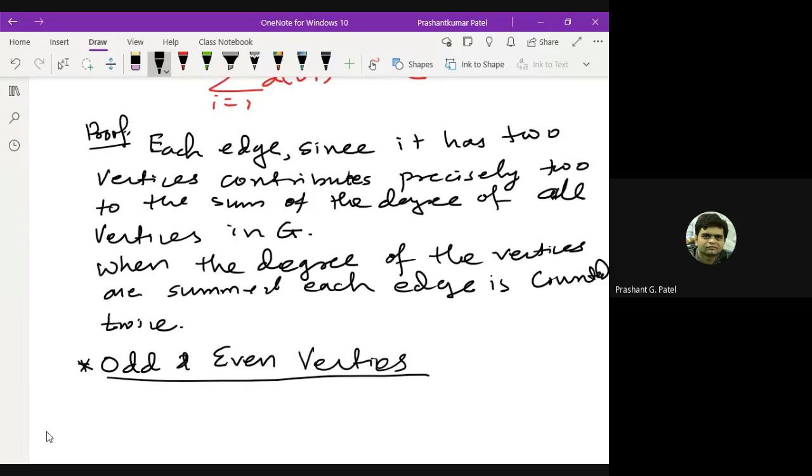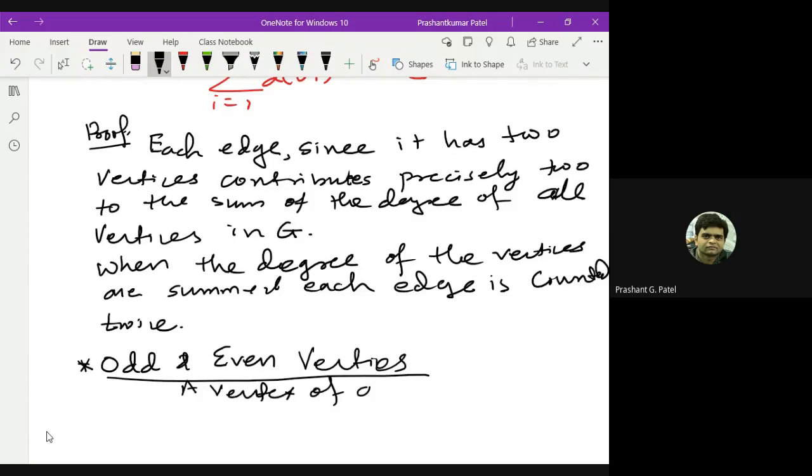If the degree of a vertex is odd, it is known as an odd vertex. And if the degree of a vertex is even, it's called an even vertex. So that is the definition of even vertices and odd vertices.